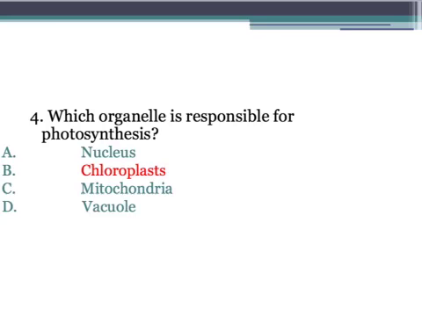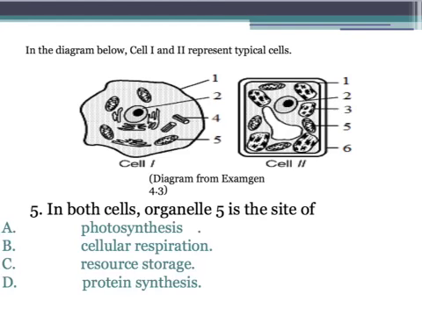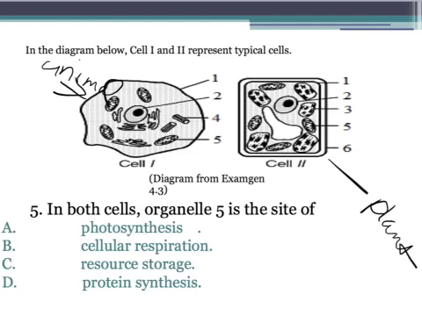In the diagram below, typical cell 1 and cell 2 represent typical cells. In both cells, organelle 5 is the site of... well, let's first figure this out. This is an animal cell, and I know it because it doesn't have a cell wall. This has a cell wall, so this is plant. So anything saying photosynthesis can't be it, because we're pointing at both of them.